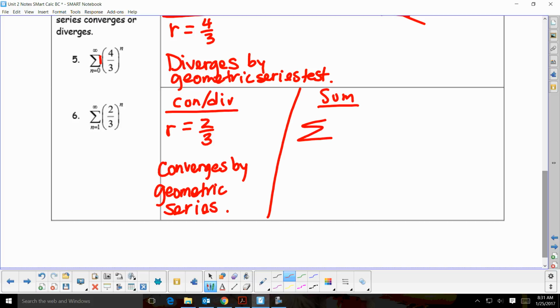So first, I have to get it to 0 here, because it was 1. So if I want to find the sum, I have to go change it. Just to know if it converges, do I have to change it? No. So change it. You guys have practiced this in your pre-series notes. Go change it.